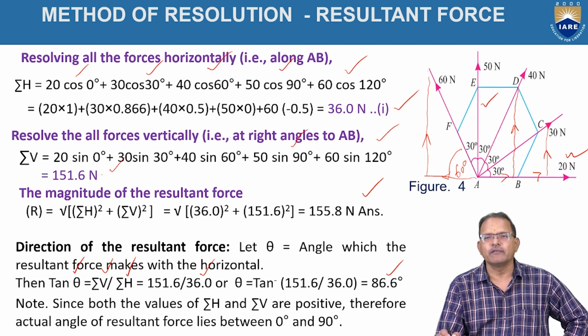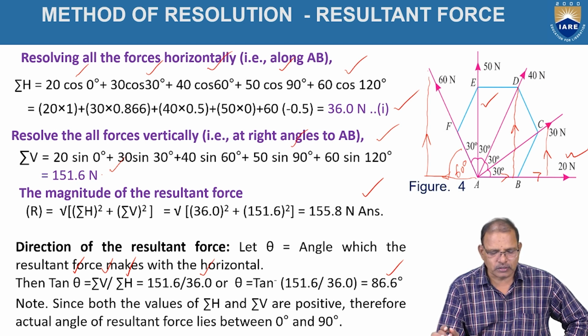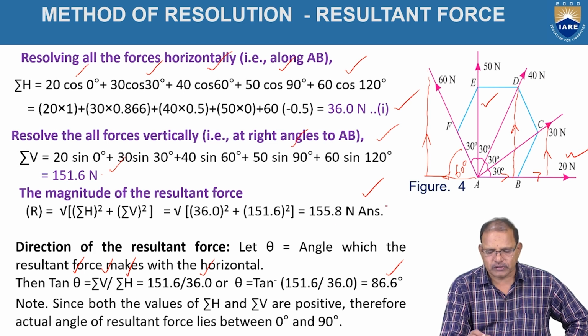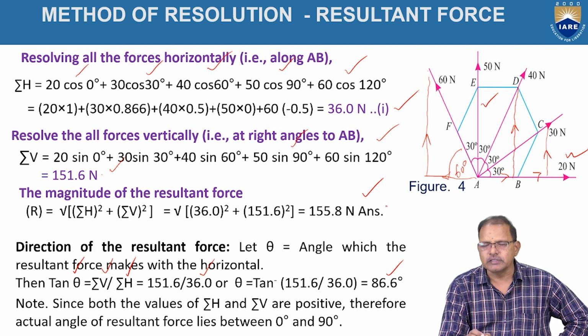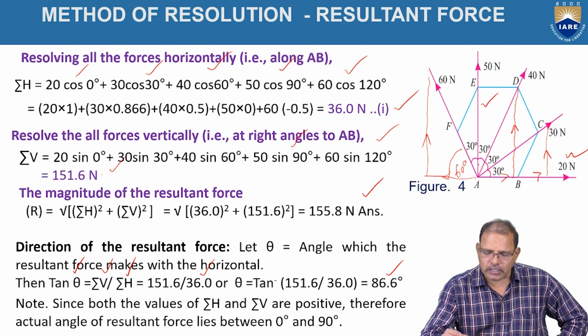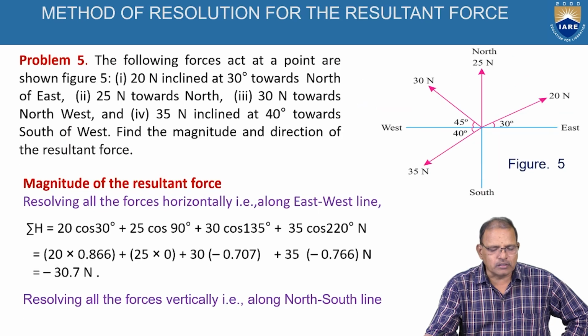That means the resultant of these 5 forces has a magnitude of 155.8 newtons and acts at an angle of 86.6 degrees with the horizontal AB, as shown in the figure like this. This is called the resultant now. It is making an angle of 86.6 degrees. Problem number 5.